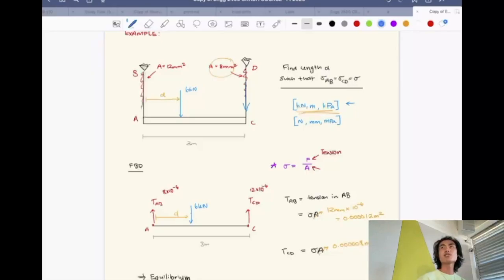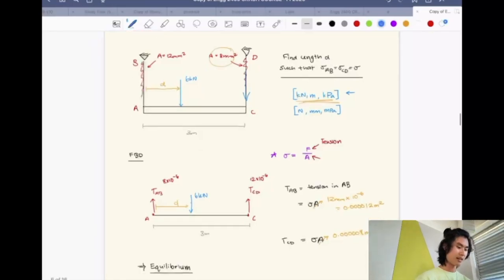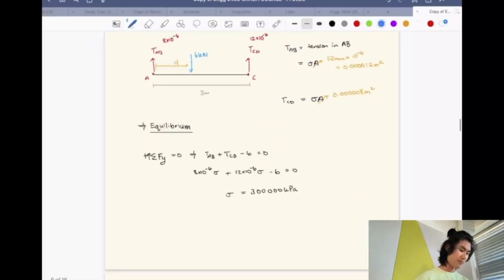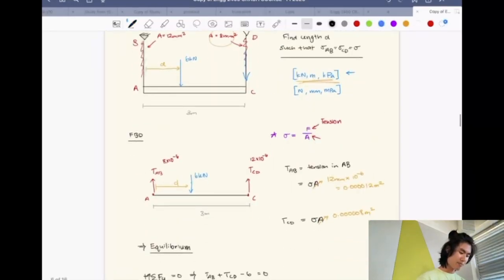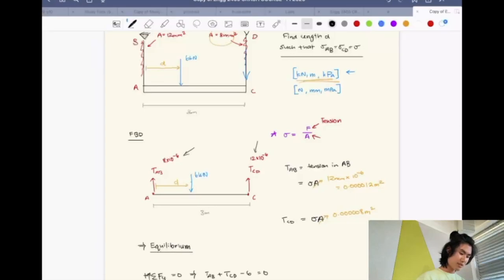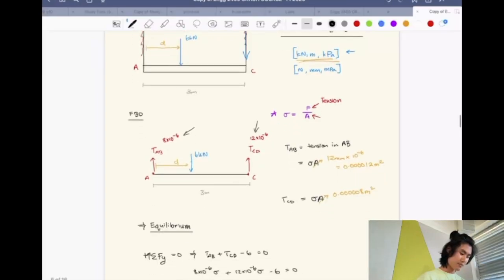Because stress is a concept that is not clear at first, I think, particularly in how it's taught, now we can find the distance. We know both of these values and the distance.